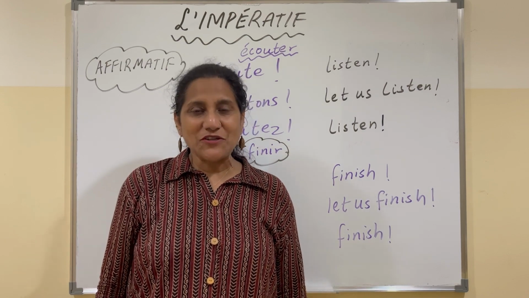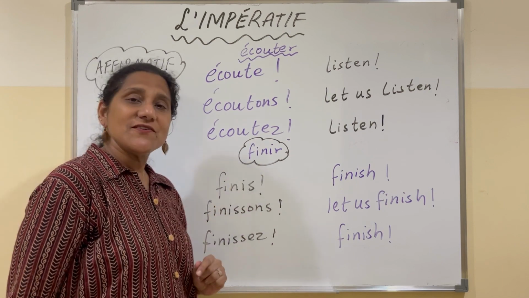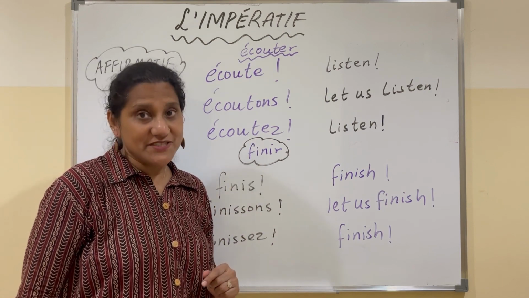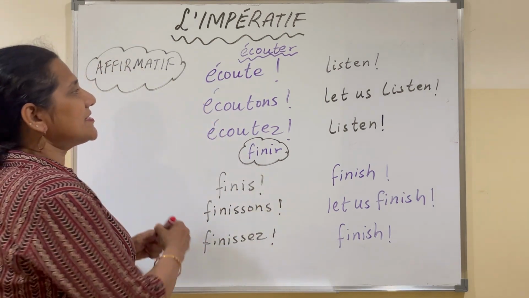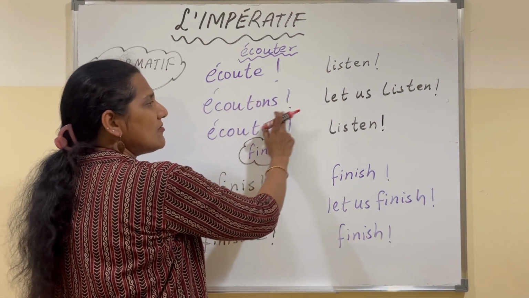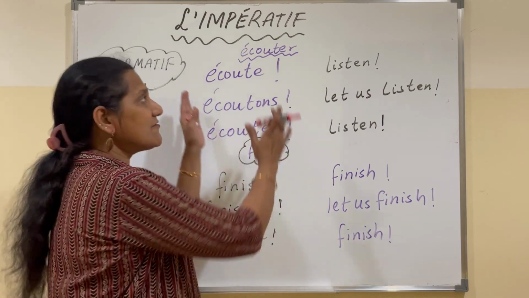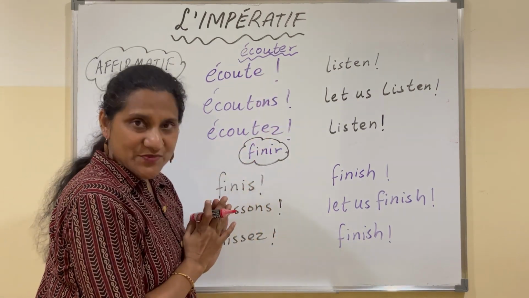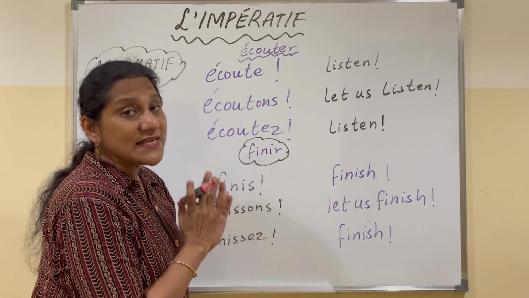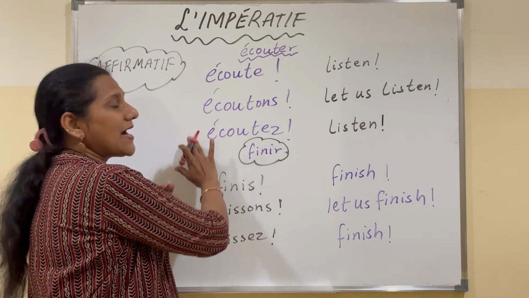Let's see how to conjugate a regular ER verb and a regular IR verb in the affirmative form. Now, this is écoute, which means listen, écoutons, let us listen, écoutez. Remember we said the formation is the same as present tense, but we need to remove the subject pronoun tu, nous and vous.